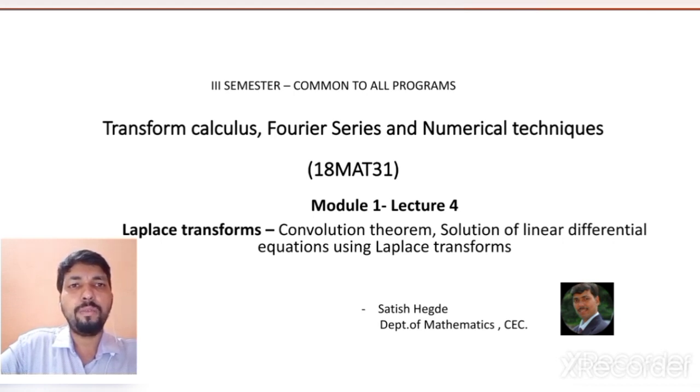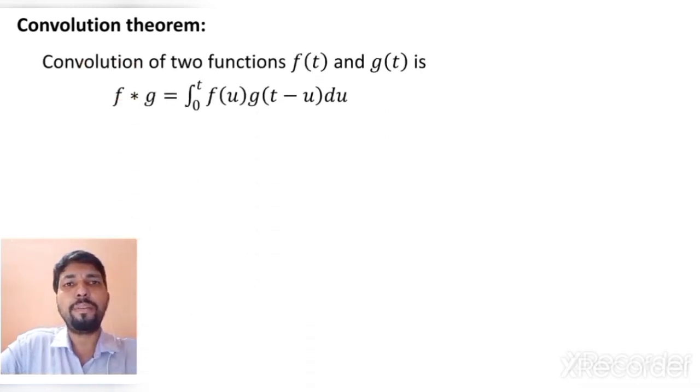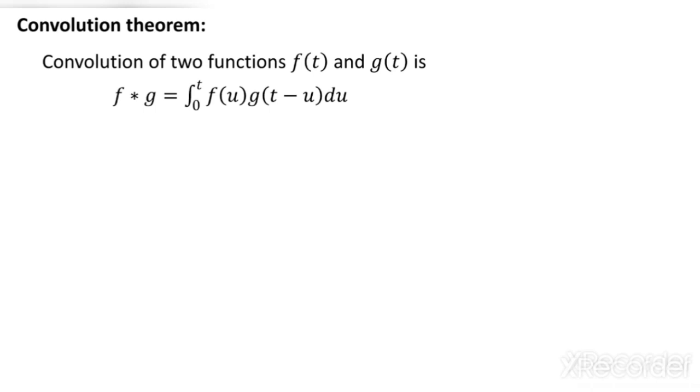First of all, we have to know the meaning of convolution, or we can say the convolution product between two functions. Whenever functions of t, that is f of t and g of t, are given, the convolution between the two functions is denoted by f star g, which is defined as the integral of f of u g of t minus u, integrated with respect to u between the limits 0 to t.